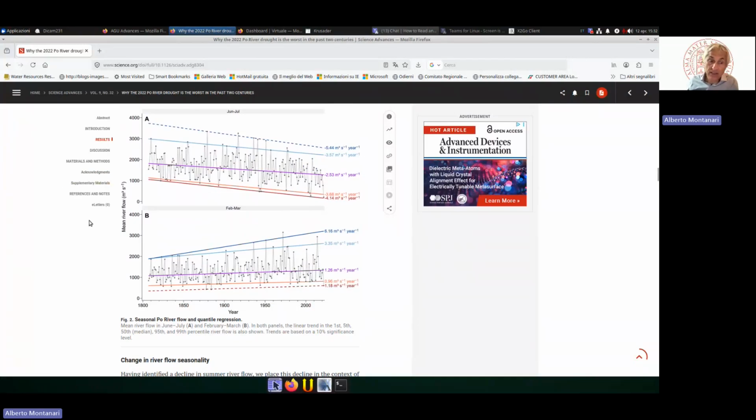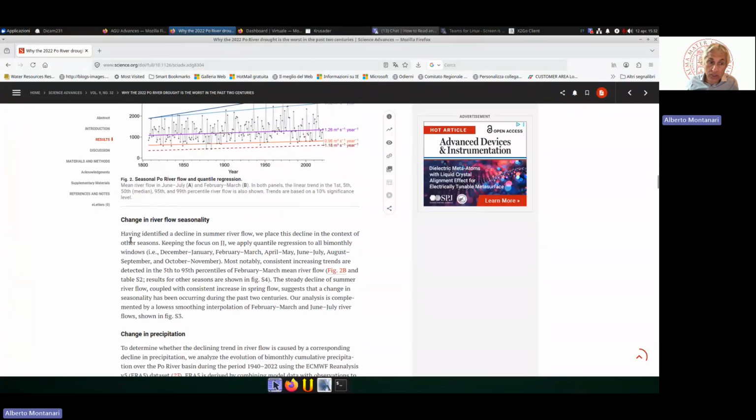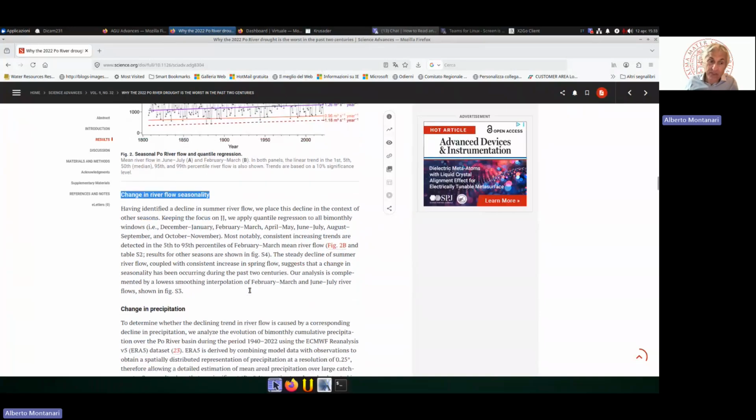And what is then the reason of that? And you see here that there is a discussion of the reasons for change in river flow seasonality. And then there is here a first indication that it could be due to some seasonal change in climate.